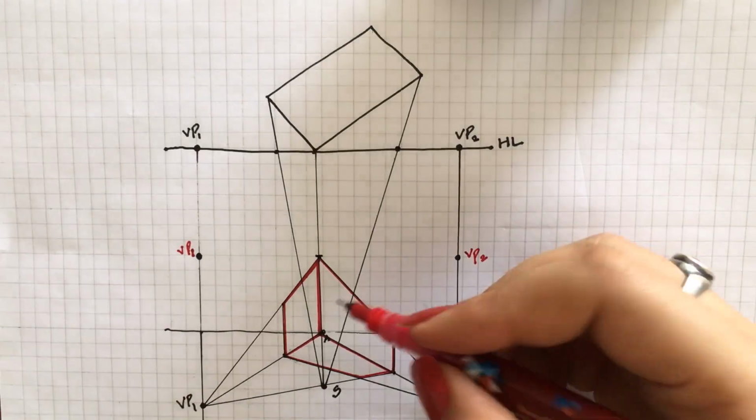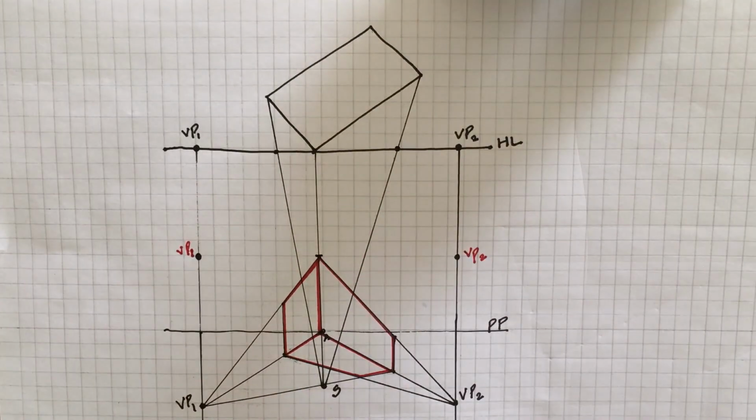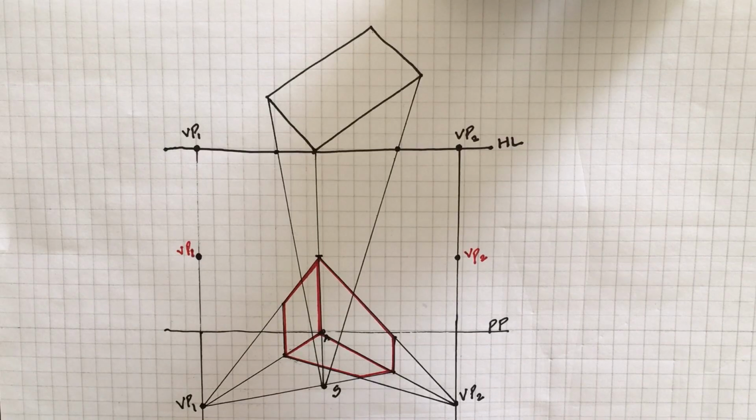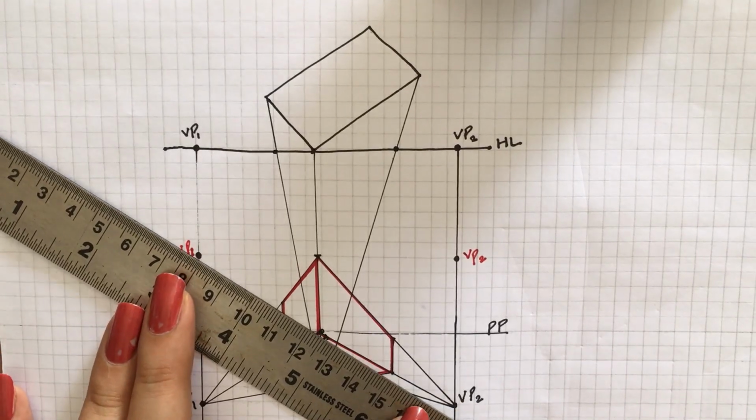So we just marked the height here, after height you will vanish lines. So here again I'm going to vanish my points. You can see.